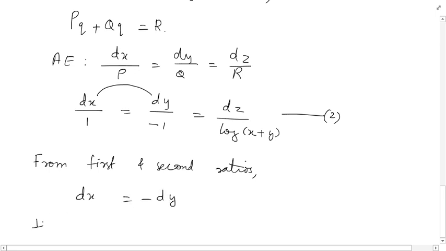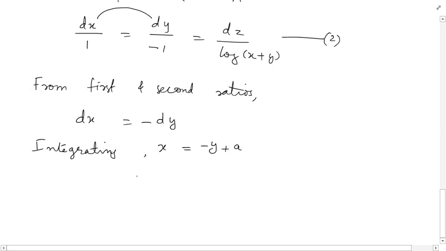Therefore, integrating, we will get x equal to minus y plus constant of integration a. So that we can write here x plus y equal to a. So this is one solution of the auxiliary equation.